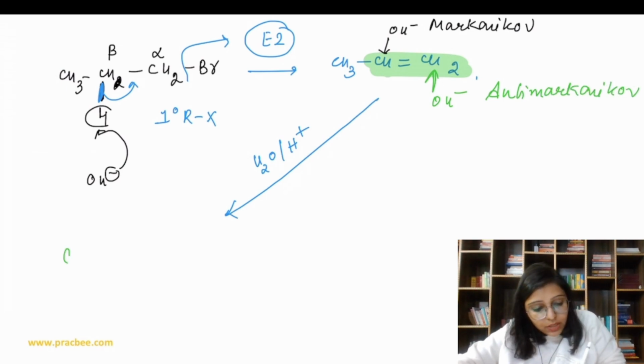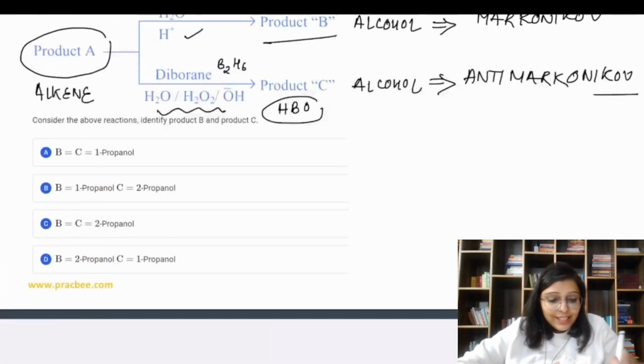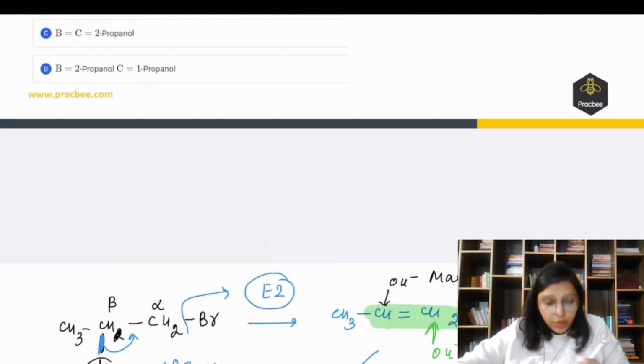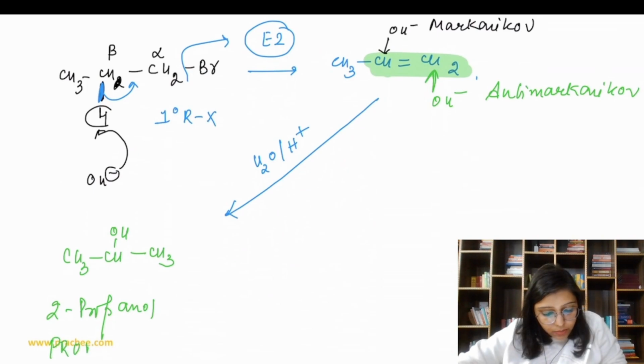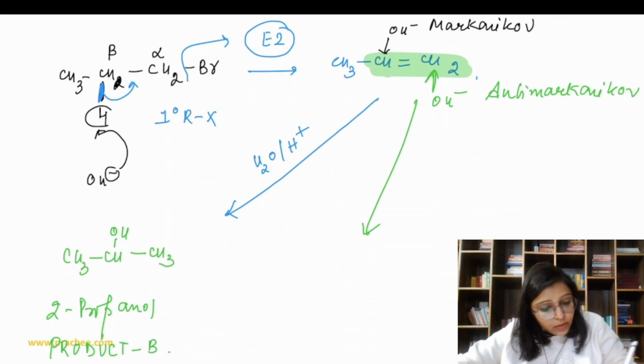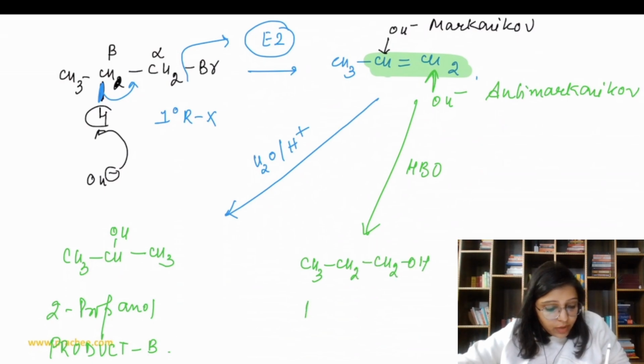So with H2O/H plus, we can say CH3CHOH, and here we write CH3. This is 2-propanol, and I guess this is product B. Now in this B2H6 hydroboration oxidation reaction, we get CH3CH2CH2OH, which is 1-propanol, and that is going to be product C.